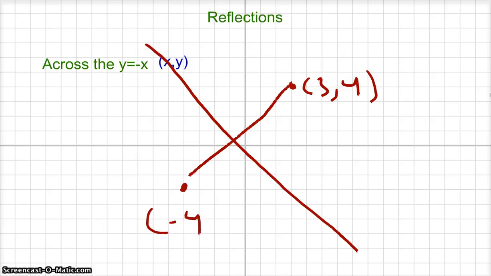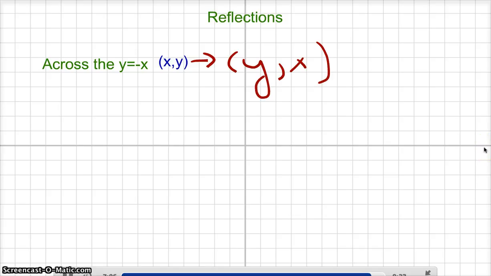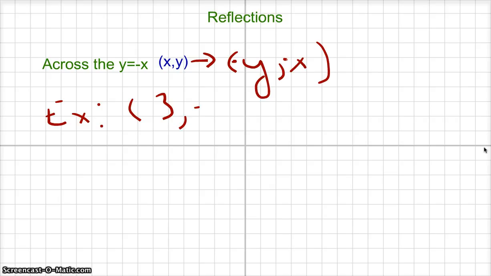I end up there, which is at negative 4, negative 3. So notice in this case, the x and y switch places again, but both signs change. So when you reflect over y equals negative x, the x and y switch places and both signs change. For example, if I was at 3, negative 4, and I reflect over y equals negative x, I would be at 4, negative 3.